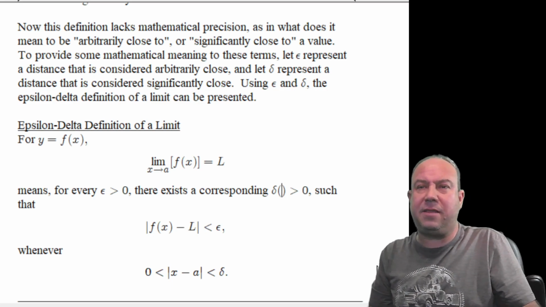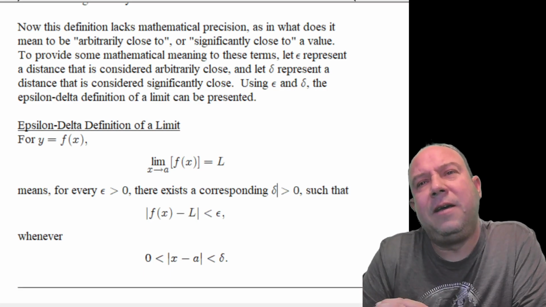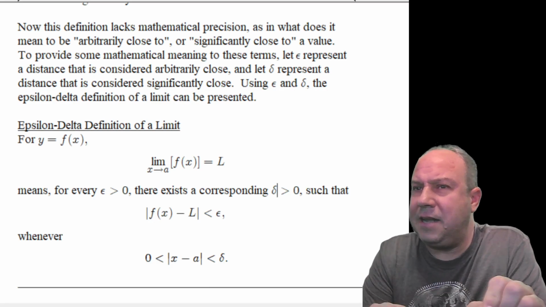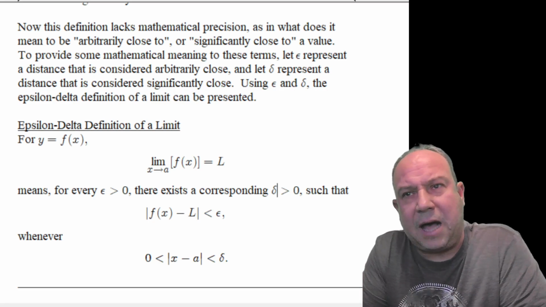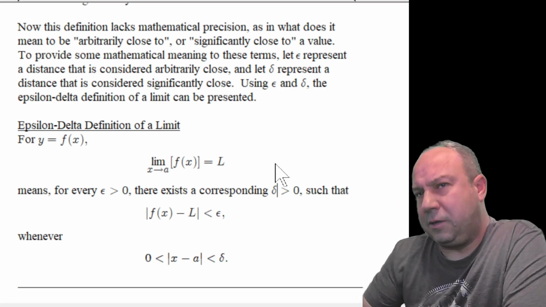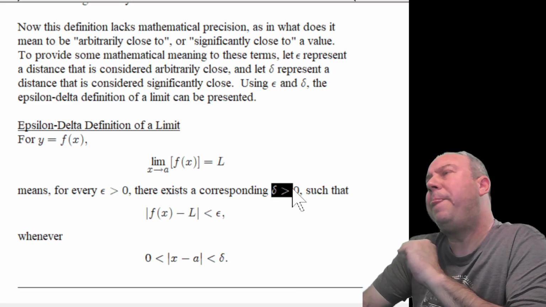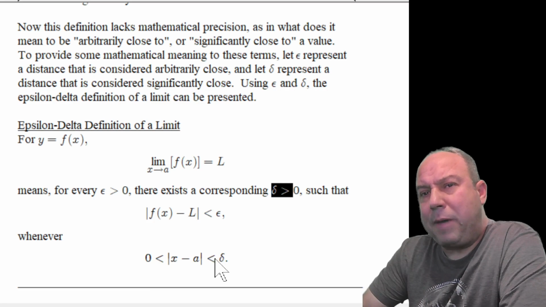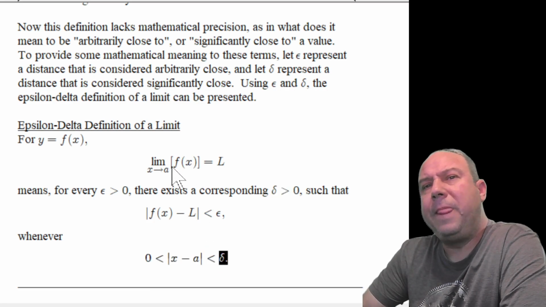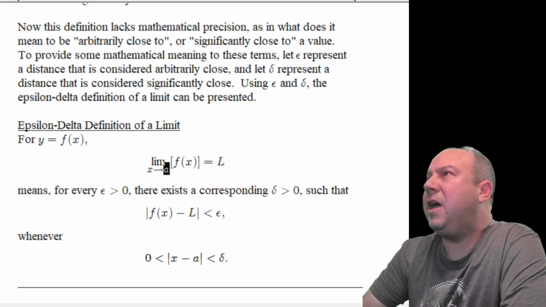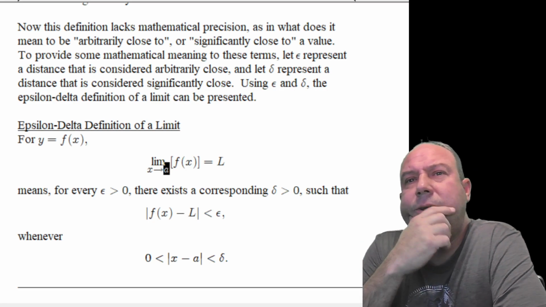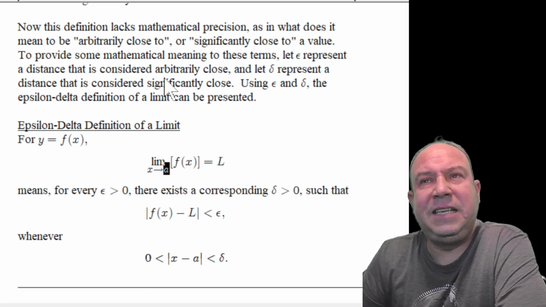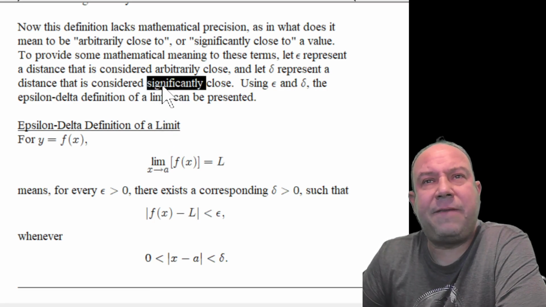We say that there exists a corresponding value of delta, a delta that's related to epsilon in some sort of correspondence, that's also bigger than 0. Again, it's a size of boundary that we place around this value of a, the value that we're approaching. It stands for being significantly close to that value of a.